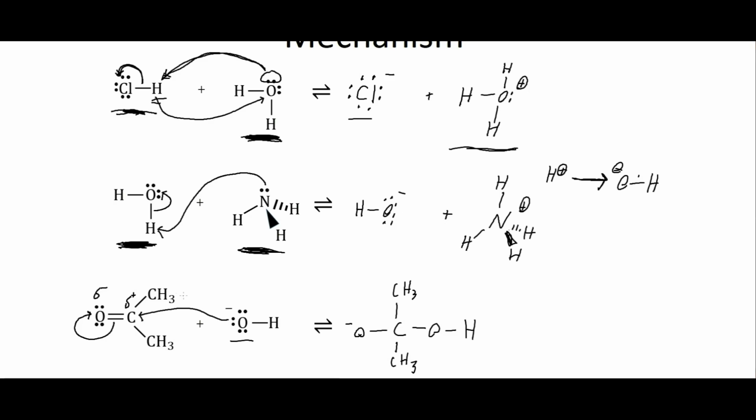They're going to generally move towards something that has a positive or a partial positive charge. And that actually gets into Lewis acids and Lewis bases, where this is our Lewis acid here, and this is our Lewis base. And of course, this Lewis base here is also a Bronsted-Lowry base.